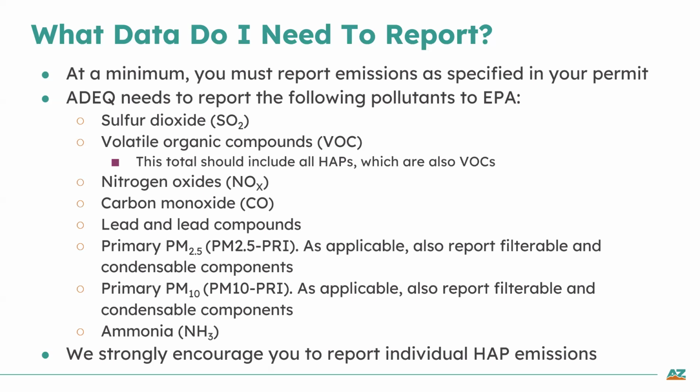We're also looking for nitrogen oxides, carbon monoxide, lead and its compounds, fine particulate matter, coarse particulate matter, and ammonia. For particulate matter, we recommend reporting both primary particulate matter and its components. Those components are filterable and condensable portions. We also strongly recommend reporting significant individual hazardous air pollutants.